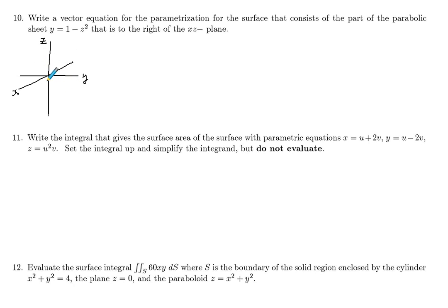Negative z squared would be a parabola that opens to the left. 1 minus z squared is going to be shifted 1 unit to the right. So this is going to open like this. So this is in the yz plane. And then x is left out here, so x can vary. So you can vary in the x direction.